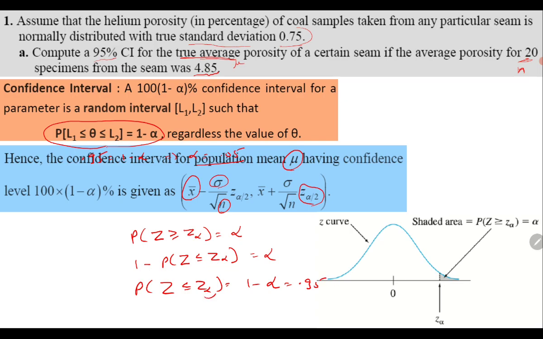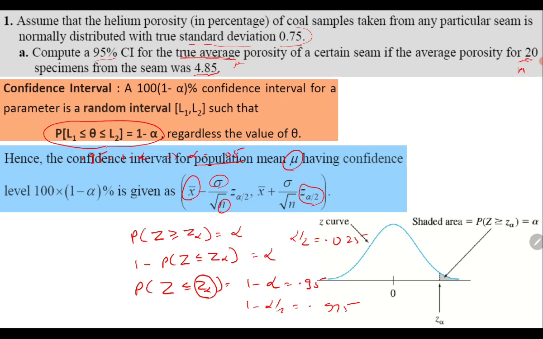So I need to find the value of z alpha for which this probability is 0.95, or in this case, when we need z alpha by 2, it becomes alpha by 2. So alpha by 2 is 0.025, and that's why 1 minus alpha by 2 is 0.975.